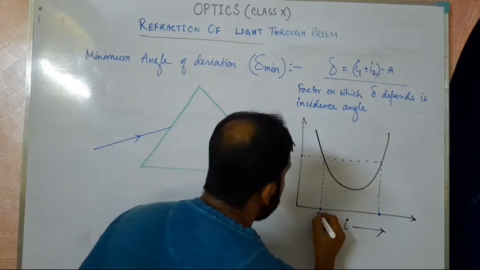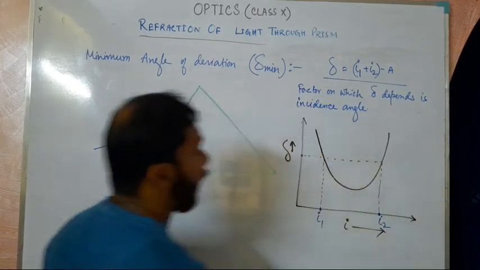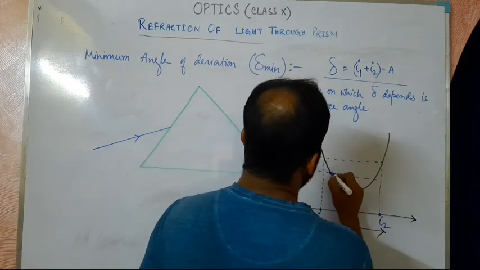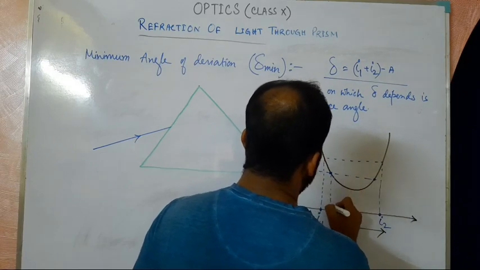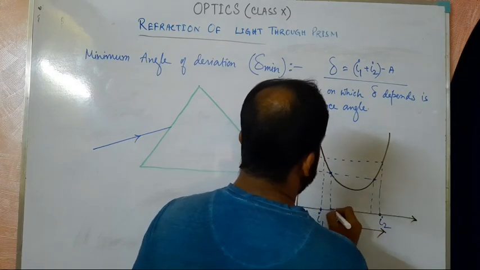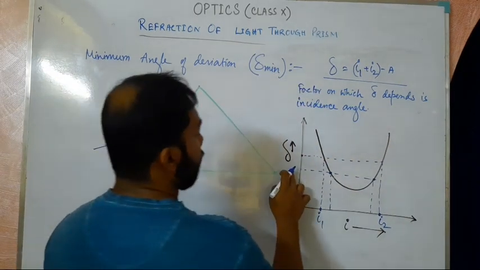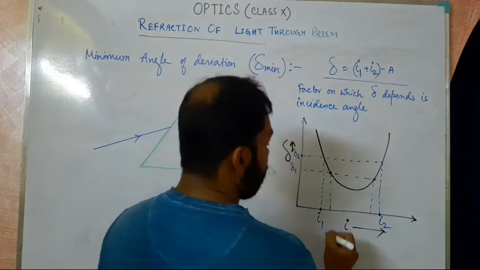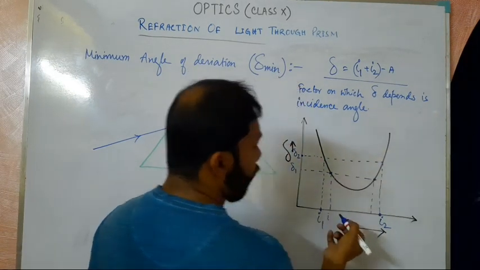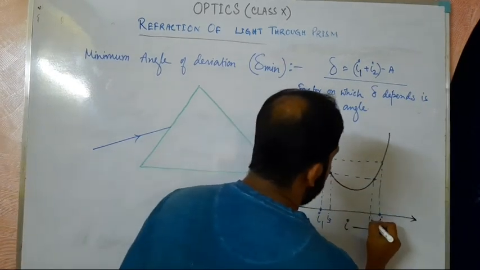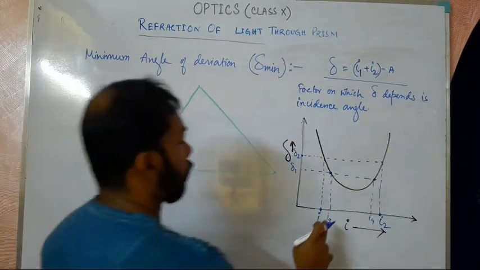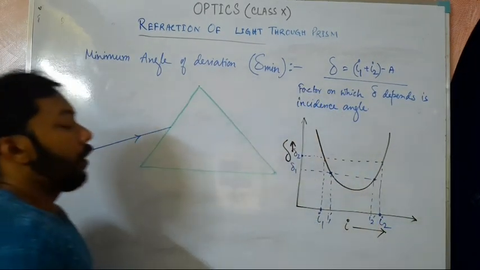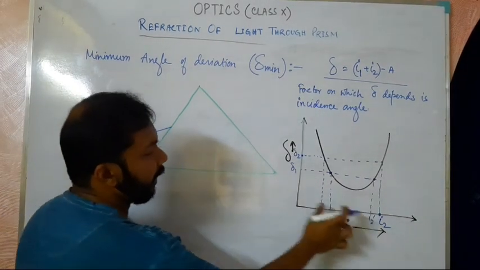Say that is delta 1, and we have different values I1 dash, I2 dash. Corresponding to each delta there are two incidence angles.